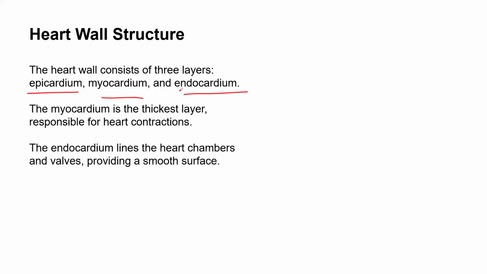the endocardium lines the heart chambers and valves, providing a smooth surface. So the endocardium lines the heart chambers and the valves, and the major function is providing a smooth surface.